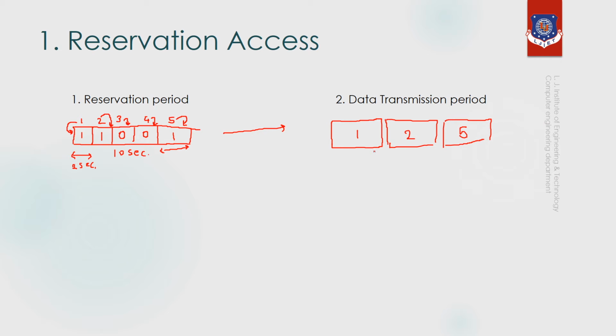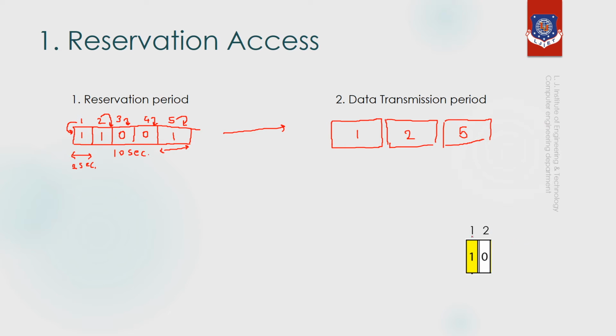So in the data transmission period, the devices that have made reservation, only those devices can send data. Now let's try to understand with another example. Suppose there are 5 devices and the reservation period is divided into 5 slots. So device 1 is sending 1, it means that device 1 has data to send.